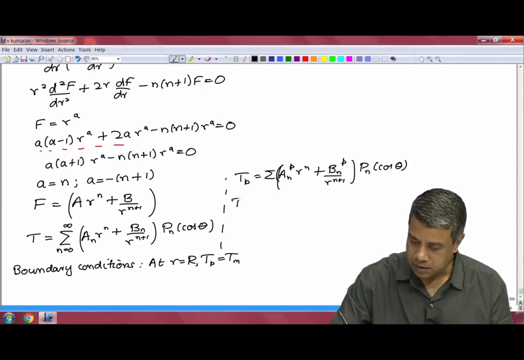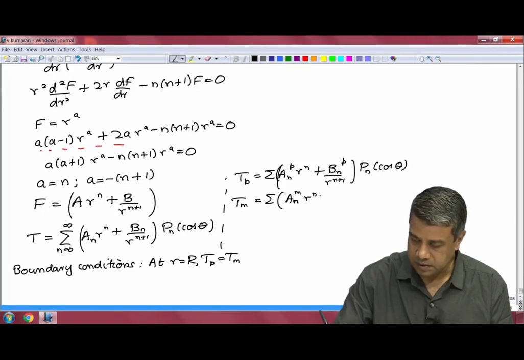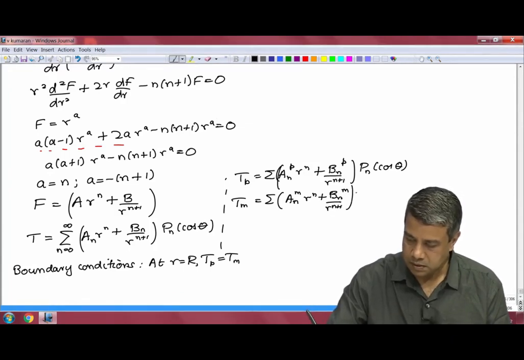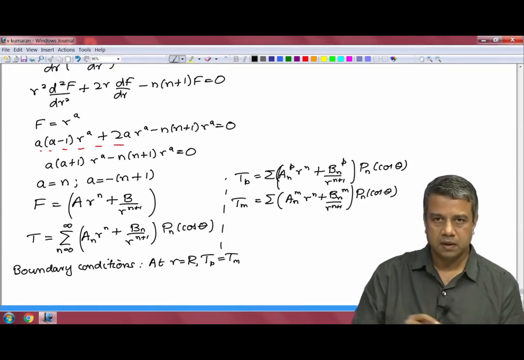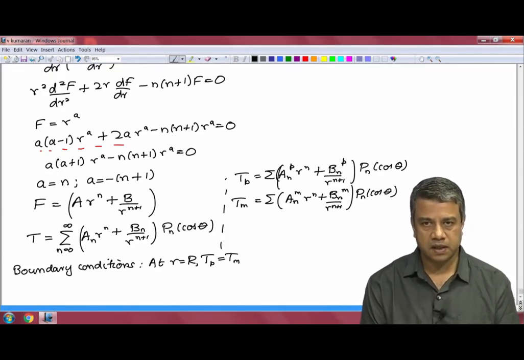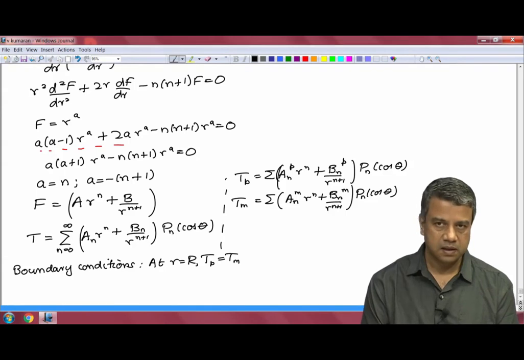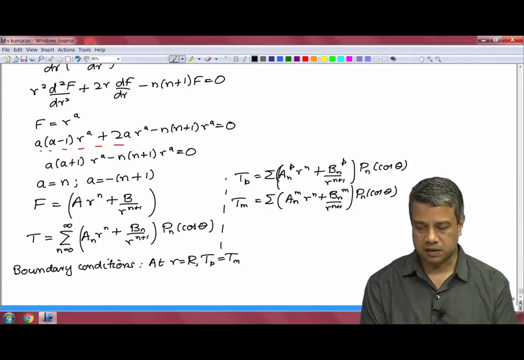And Tm is equal to sigma of a_n^m r power n plus b_n^m by r power n plus 1, P_n of cos theta, where the superscripts p and m in the coefficients a_n and b_n represent particle and matrix respectively.